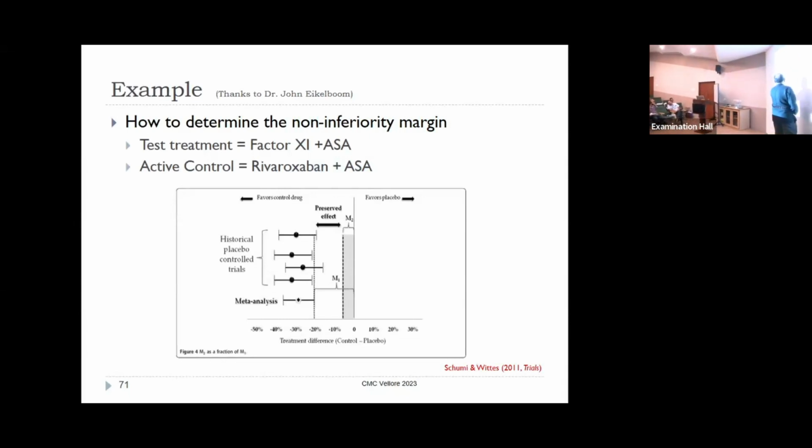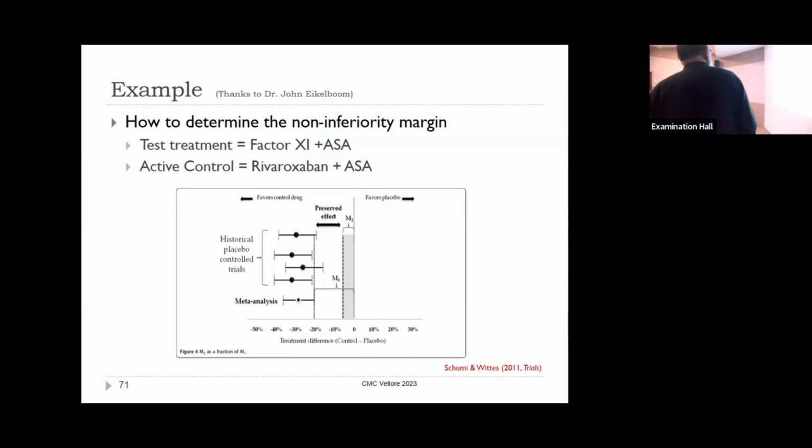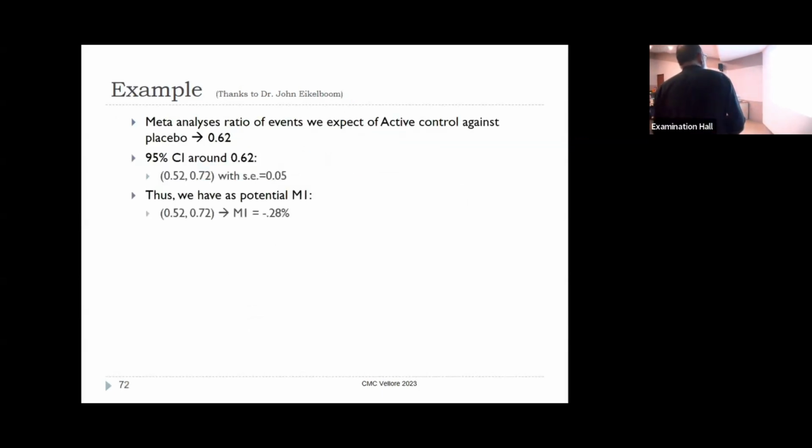One way of doing it is you can take a bunch of studies. He included his study and got the meta-analysis from that, and that's the M1. Now he wanted to preserve 75%, so M2 becomes very small, and then you calculate based on that. These things are done in non-inferiority studies.